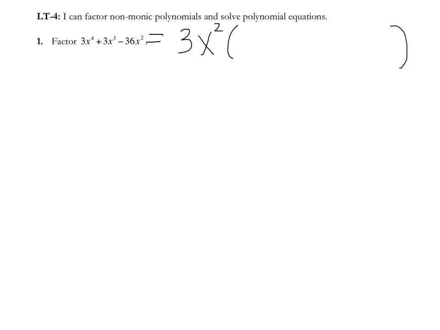So let's think about it term by term. So first let's think about 3x squared times what would equal 3x to the 4th. Well, we already have our 3 in there, so we really just need to go from x squared to x to the 4th. And to do that, we're just going to have to multiply by 2 more x's. So, x squared.